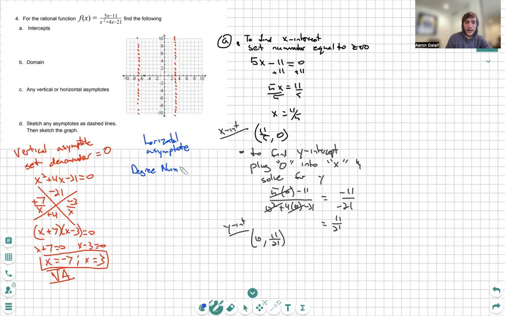When the degree of the numerator is equal to the degree of the denominator, we take the coefficients.